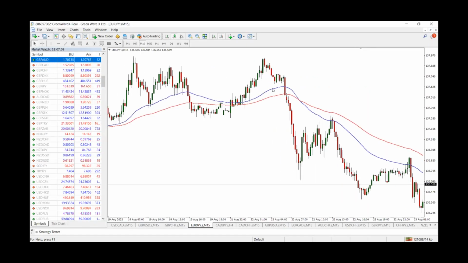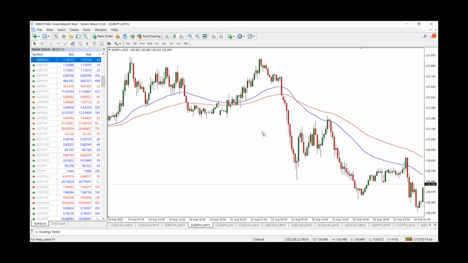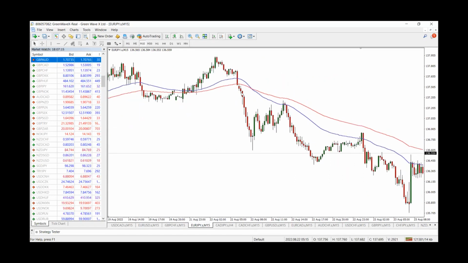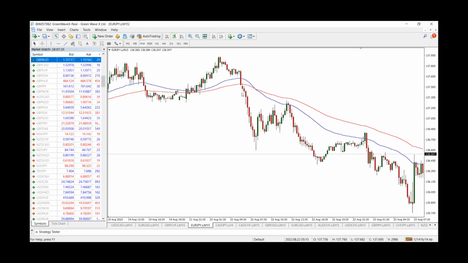Now, when the price cuts the moving average downwards, it's believed to be a selling opportunity, either when a candle closes below it or when a full candle is formed below it. Different people have different parameters. Some say once a candle closes below, it's a crossover already, while others want a full candle below.